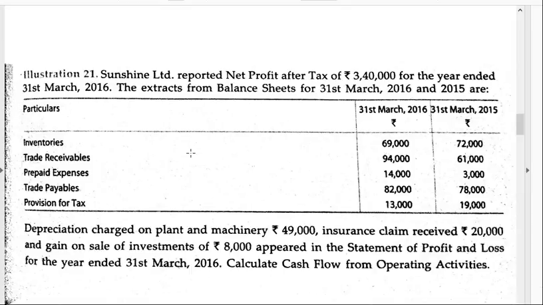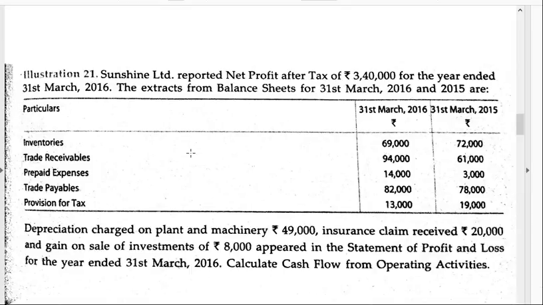Now, are there any items related to the net profits? We have to reach net profits before taxes and extraordinary items. So first of all, we have to identify those items which are directly related to the net profits. Inventories? No. Trade receivables? No. Prepaid expenses? No. Trade payables? No. Provision for taxation? Yes.